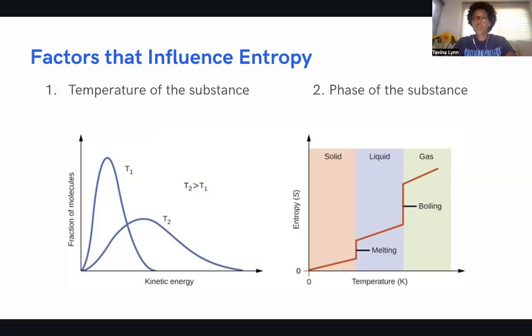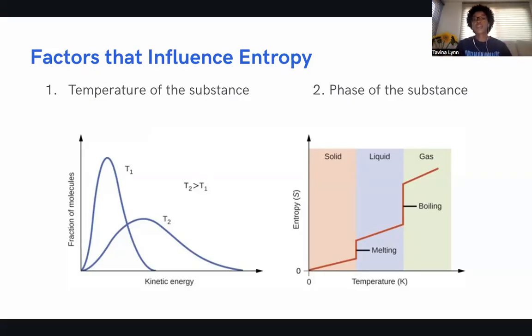So temperature is one factor that can influence the entropy. A higher temperature will increase the kinetic energy of those particles in the system and will result in a more random, more uniform distribution of those particles.